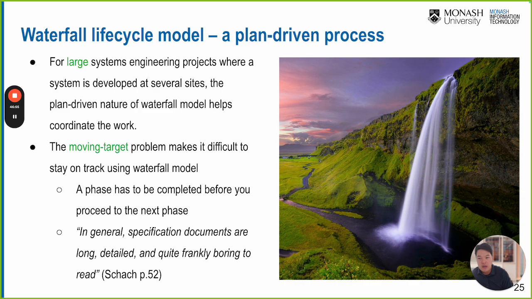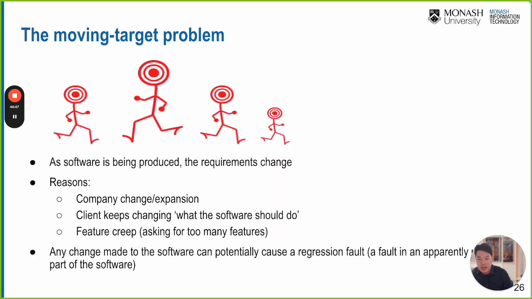One of the problems is called the moving target. That's the requirement change. As software is produced, let's say it's a 1 year software project using waterfall, the technology changes every day. After 3 months, you want to change the requirement, and it becomes very, very difficult to change the software design and analysis, everything, when using the waterfall model.